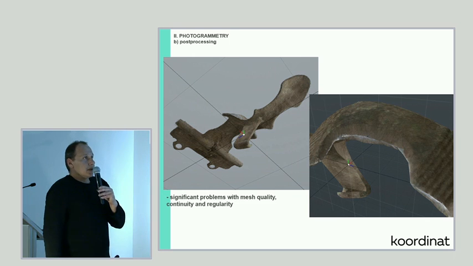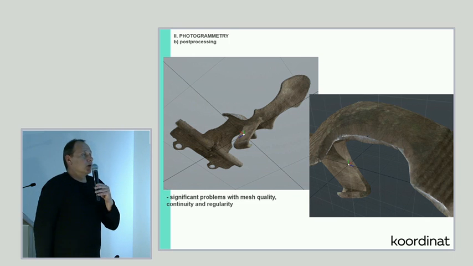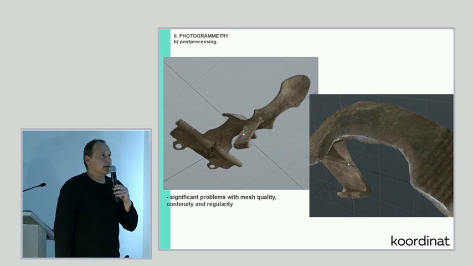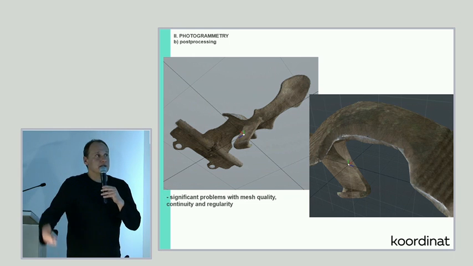But of course, the results are not as extremely accurate as in the case of very detailed scanning, but they are still good enough to put the object into further post-production.